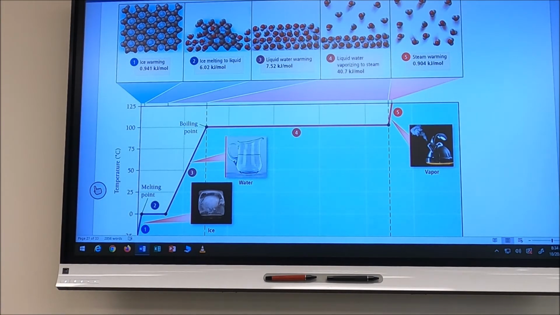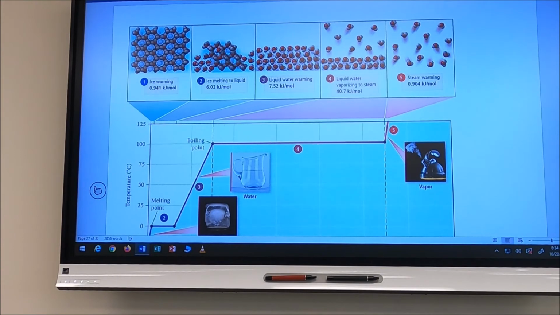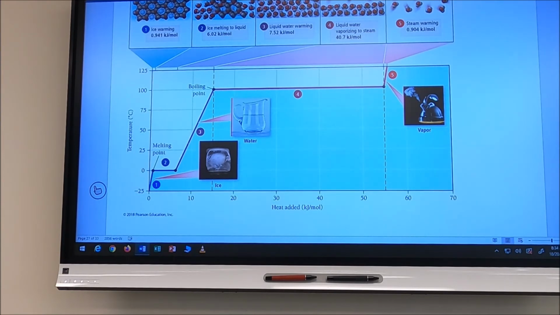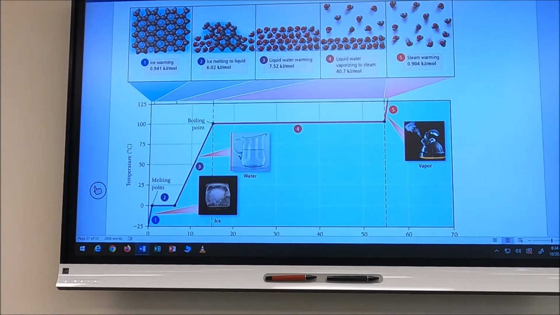So if we started out with a solid sample of water at minus 25 degrees C, as I start to add energy in, what we see is that the ice is warming up.